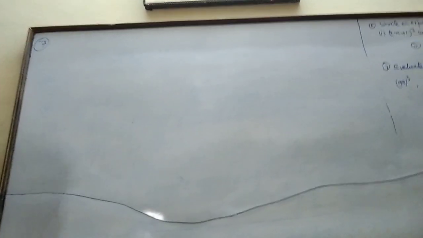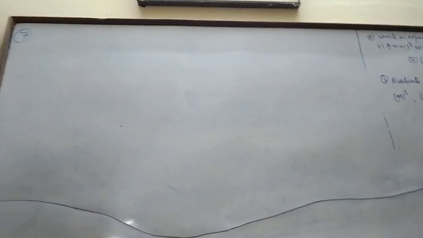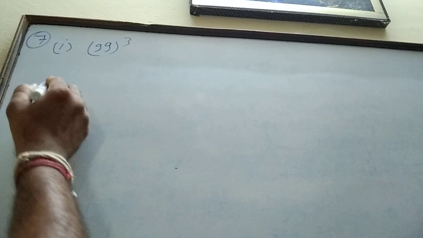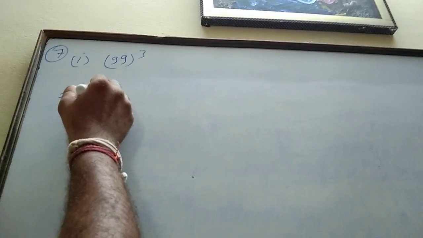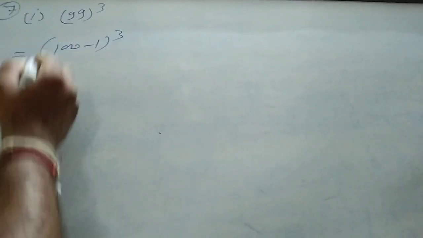Question number 7. Evaluate the following using suitable identity. First part is 99³. This can be written as (100 − 1)³.